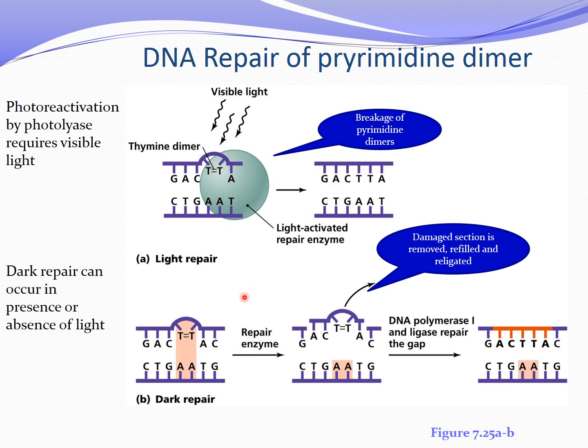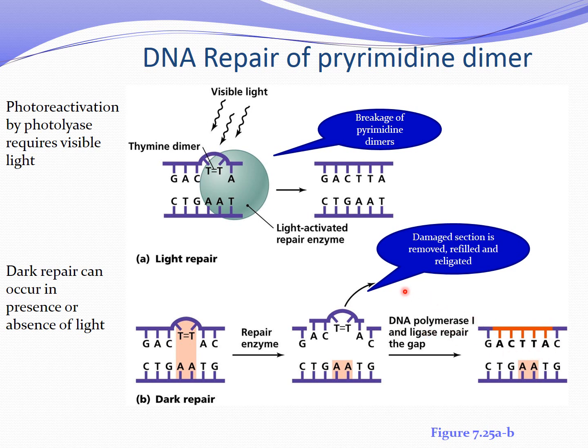All right. And the other one is the dark repair. This is in the absence or in the presence of light, but it does not require light. With this type of repair, the part that has the bulge, the dimer, actually gets cut out. There's a section that includes the dimer that gets cut out, removed, and then DNA polymerase 1 is going to refill the gap, and ligase is going to connect the fragments.